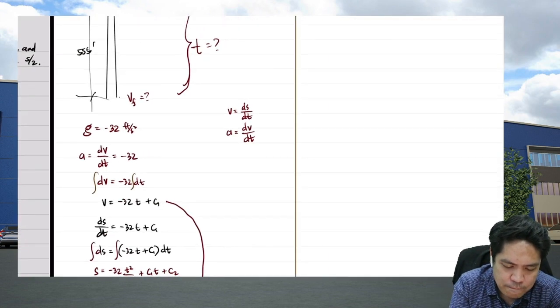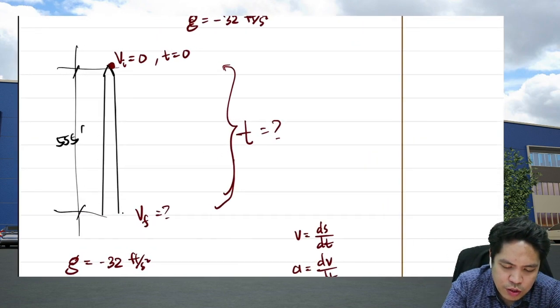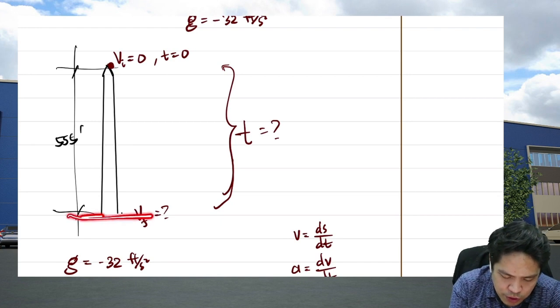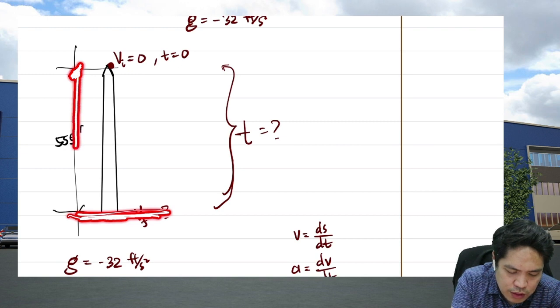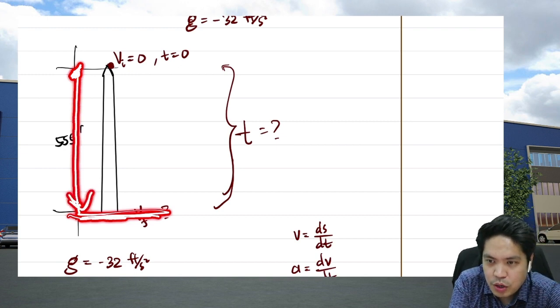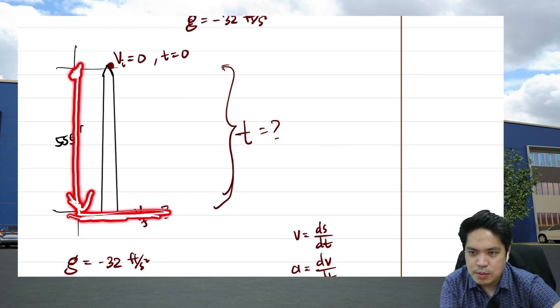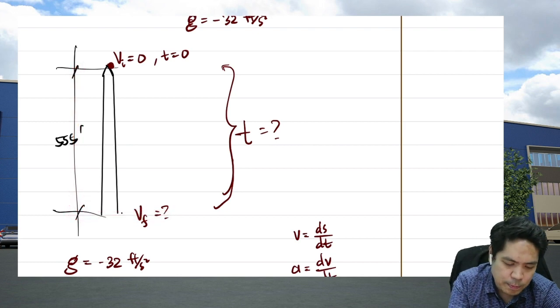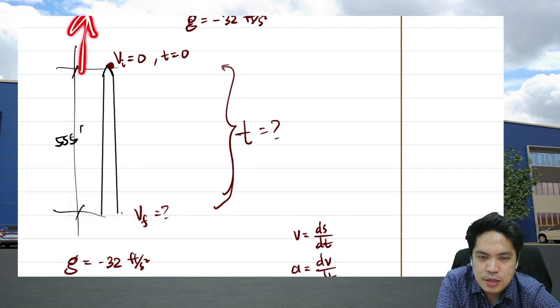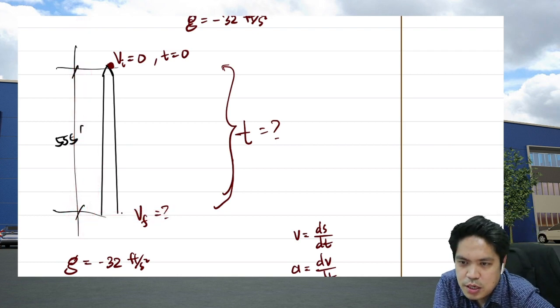That means we are looking at the condition at the ground point. So at the ground point, that is 555 feet below the origin. If it's below the origin, or downward, that means that's negative, right? Above the origin, that's positive. Below the origin, negative.